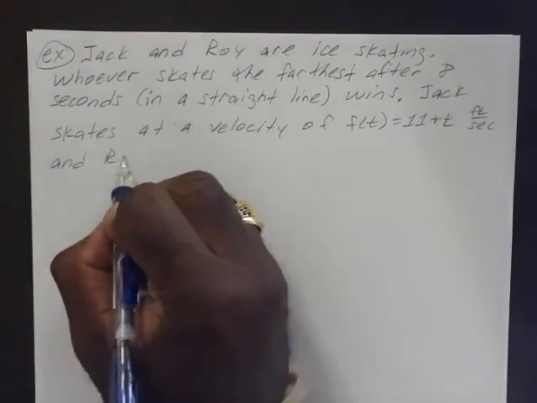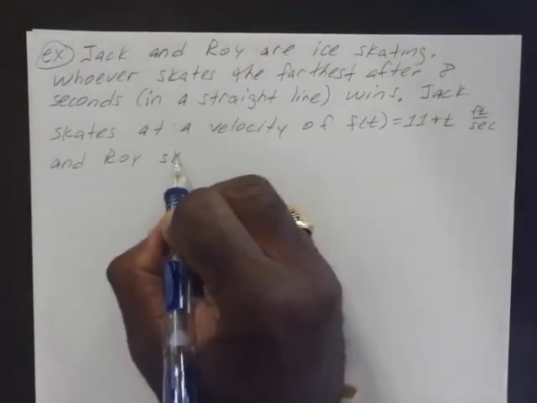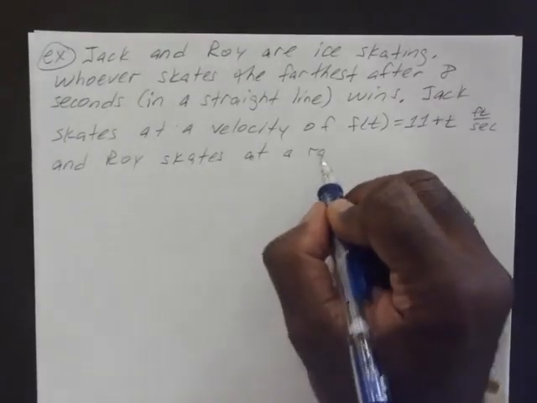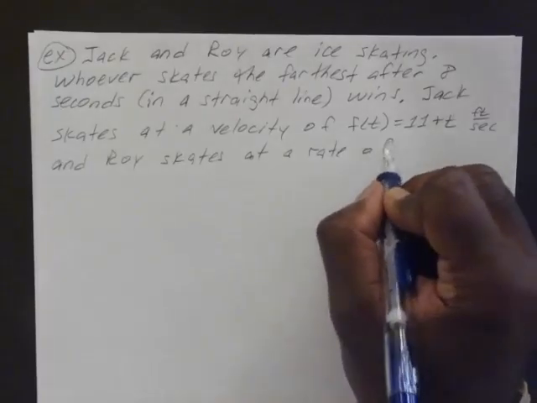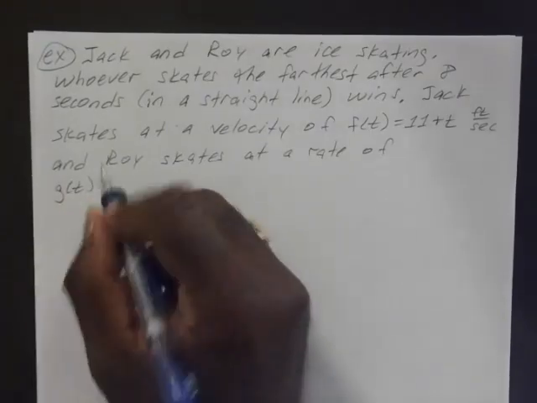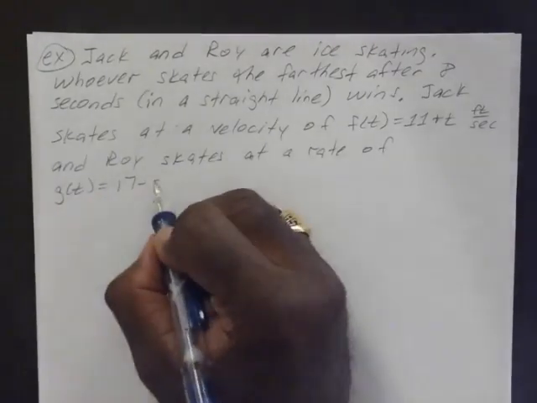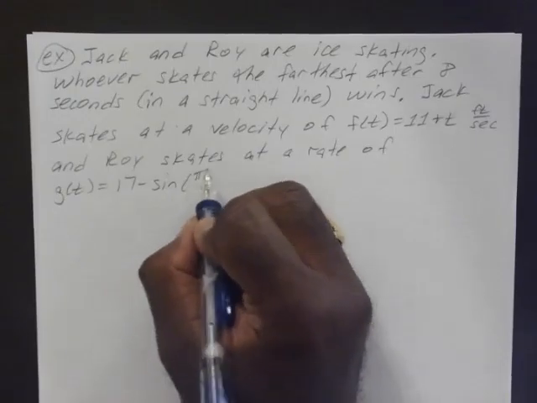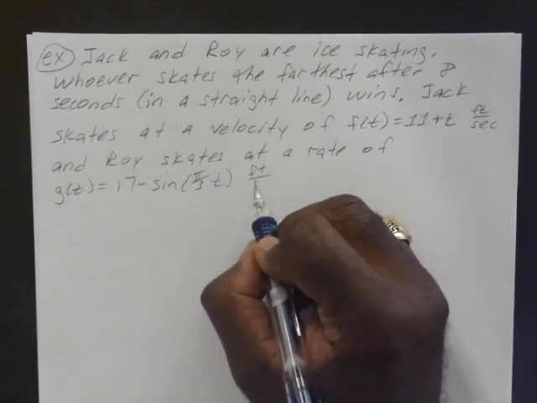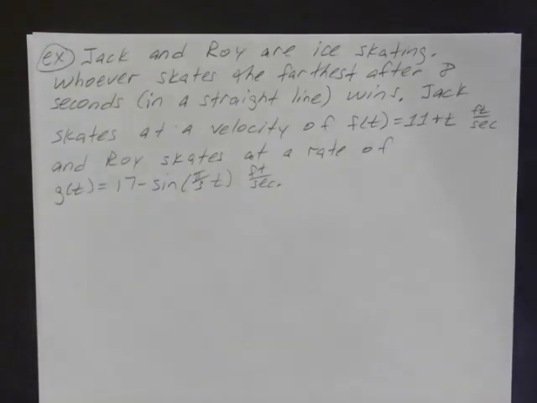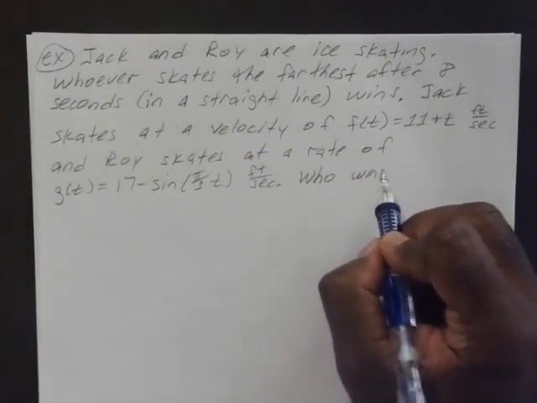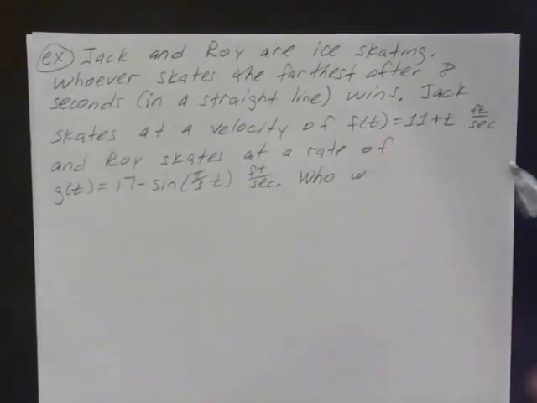And we know that Roy skates at a rate of, I'll put that below it, g of t is equal to 17 minus sine of pi over 3t feet per second. So who wins the race? Oops, separate that a little bit.